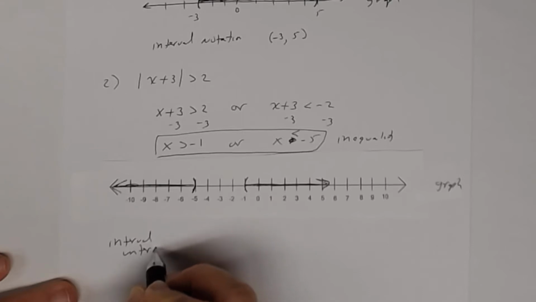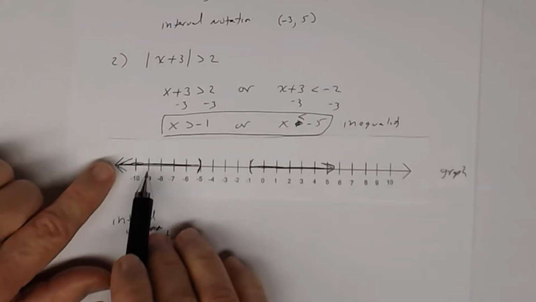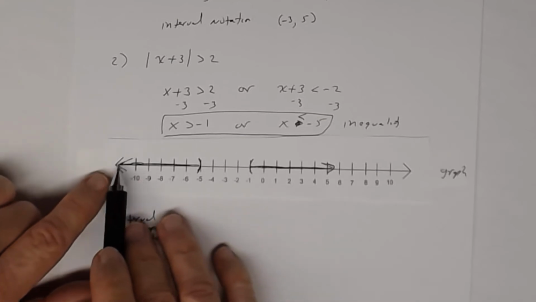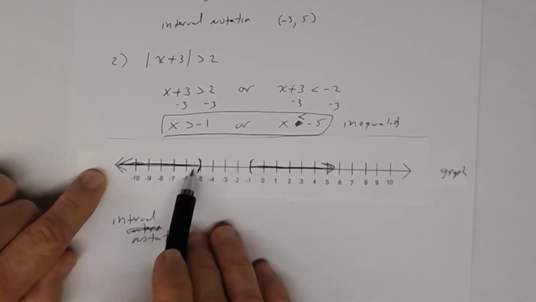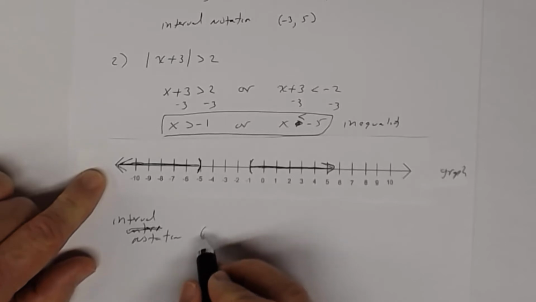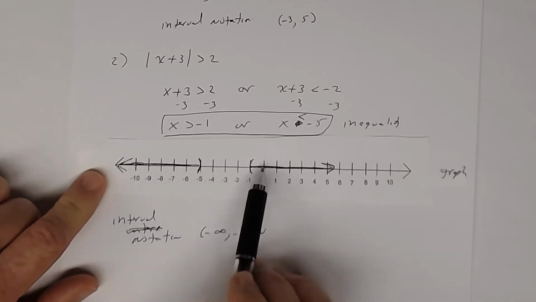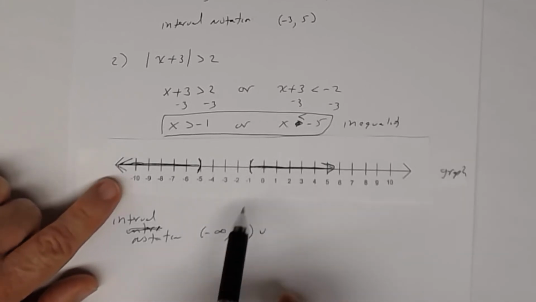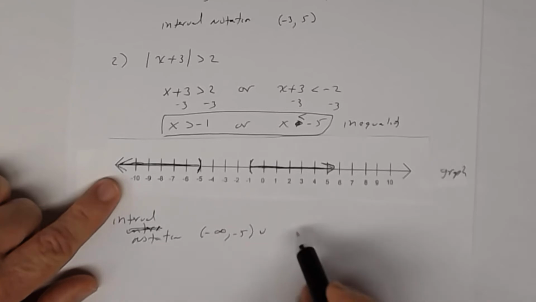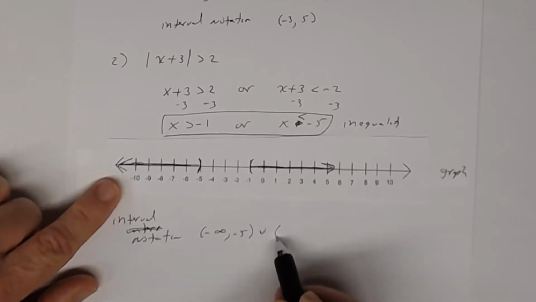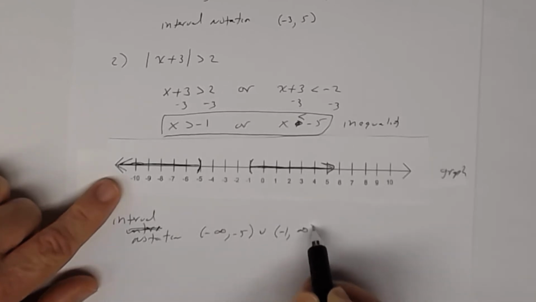Interval notation. Make sure you go from left to right, though. You're going to go from negative infinity to negative 5, parentheses, union. Remember in a previous lesson when you dealt with two intervals, you put a union there. Union, and then from negative 1, parentheses, negative 1 to infinity.